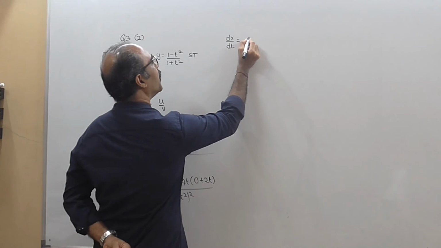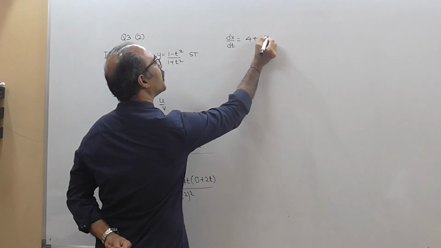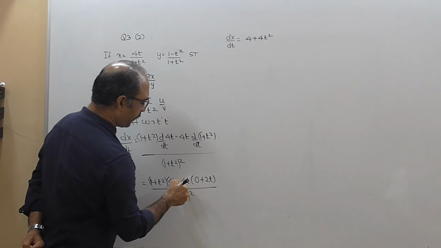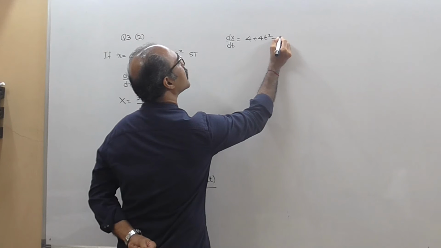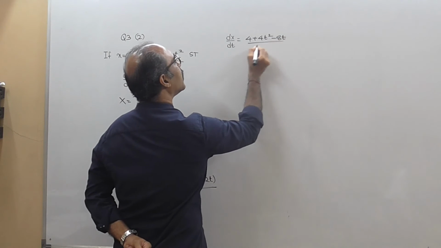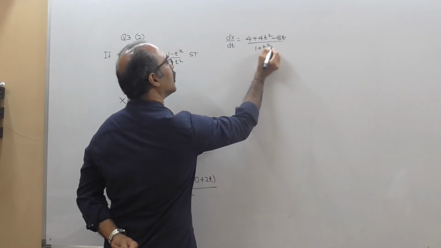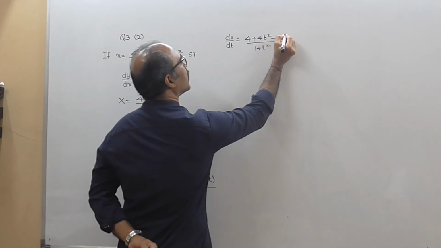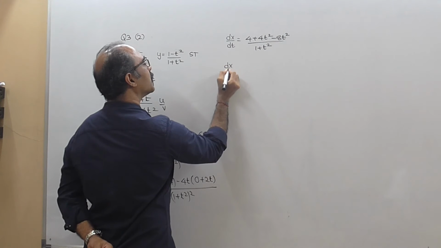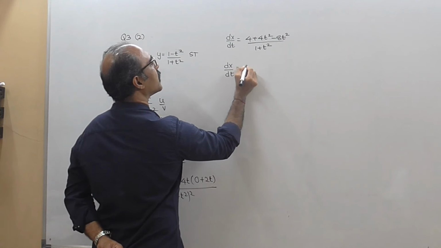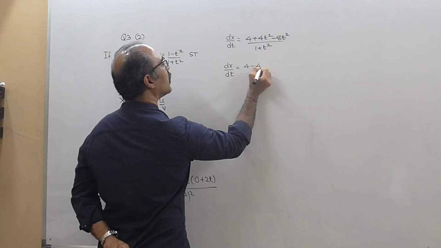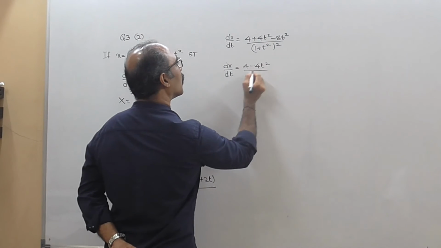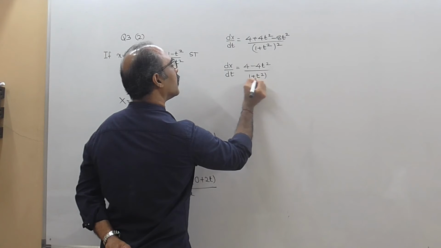Open the bracket. 4 into 1 is 4. 4 into t square is 4t square, minus 4t into 2t, which is minus 8t square. So we get dx upon dt equal to 4 minus 4t square the whole upon (1 plus t square) the whole square.